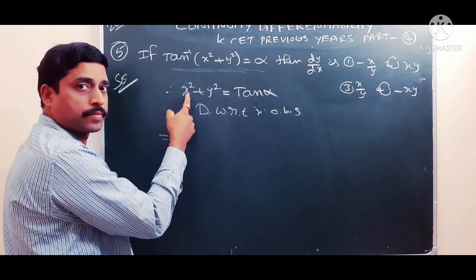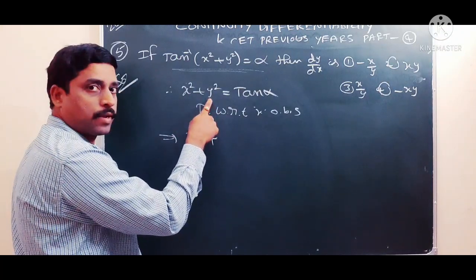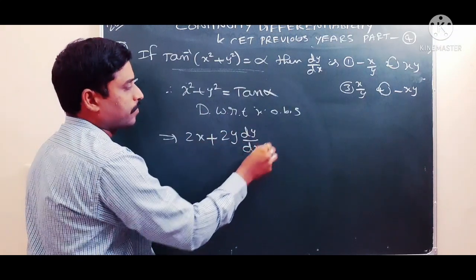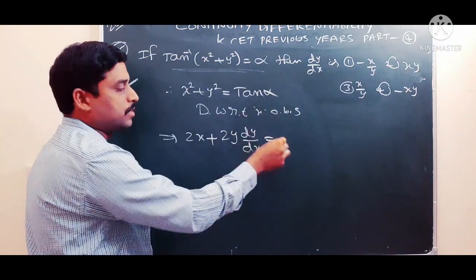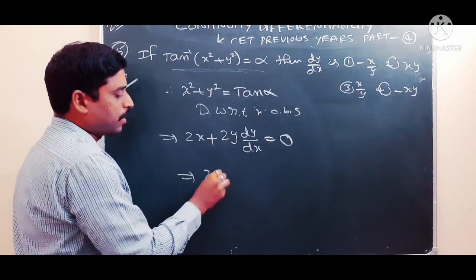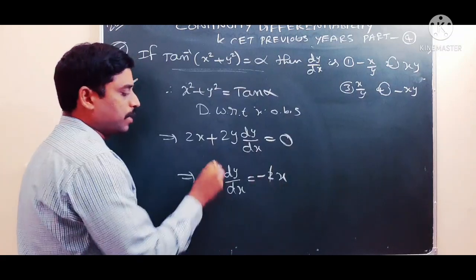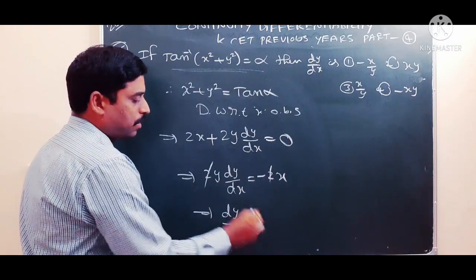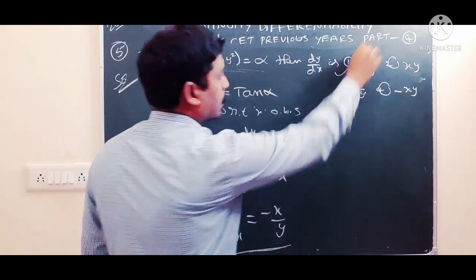Derivative of x square is 2x, and derivative of y square we get 2y into dy by dx. Derivative of tan alpha, a constant, is 0. So 2y dy by dx is equal to minus 2x. 2 gets cancelled, therefore dy by dx we got is minus x by y. So option 1 is correct.